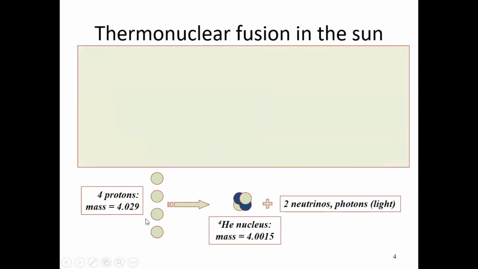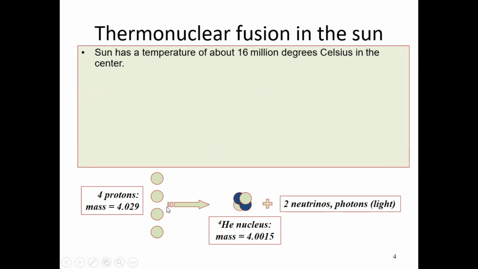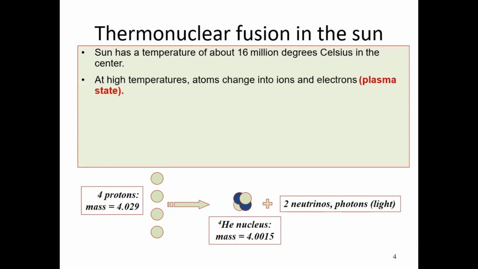If we look at the thermonuclear fusion reaction in the sun, it has very high temperature. It's about 16 million degrees Celsius in the center. At such high temperatures, atoms change into ions and electrons.